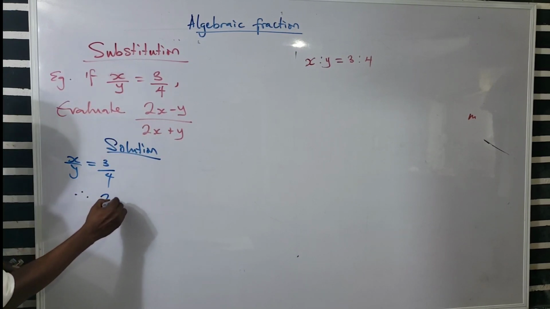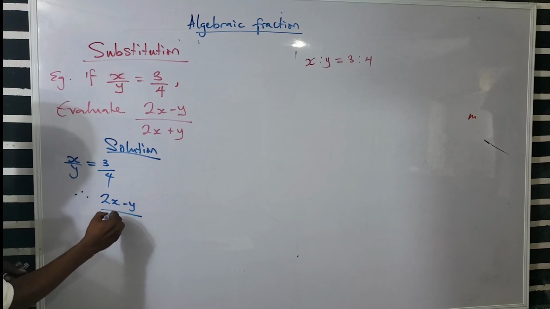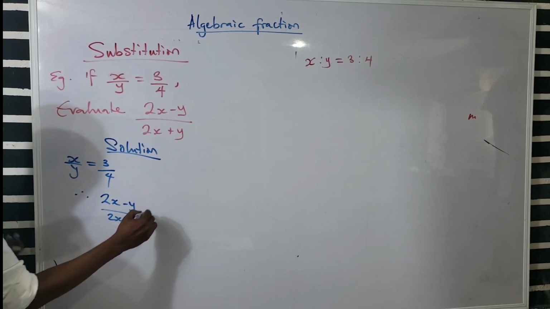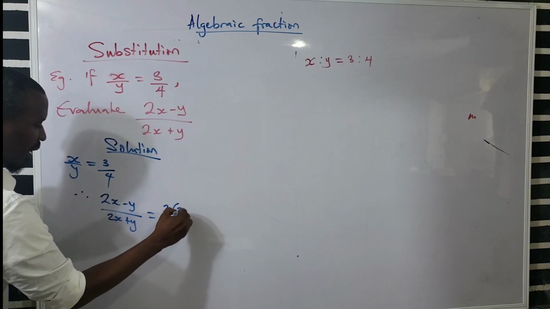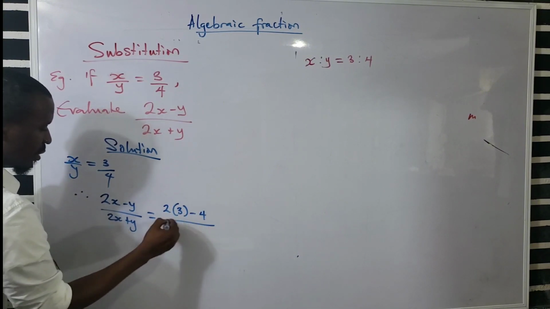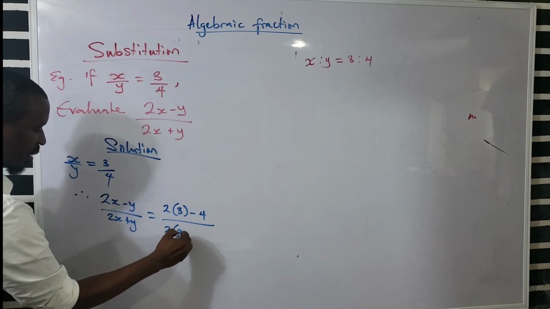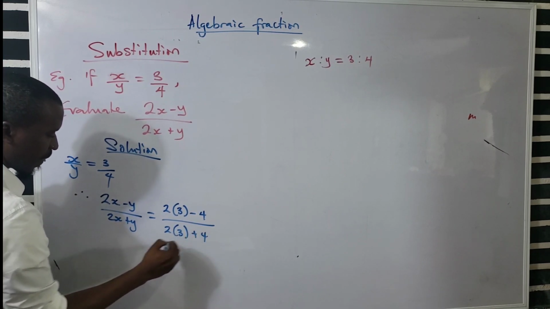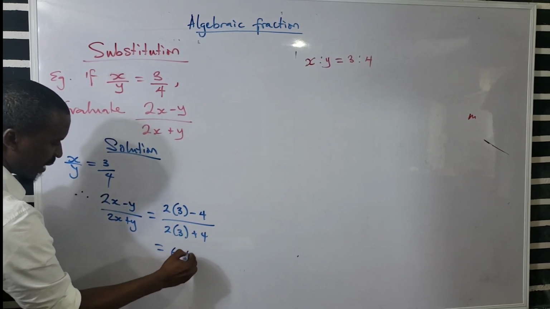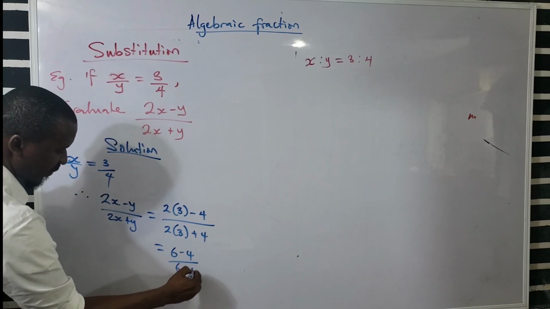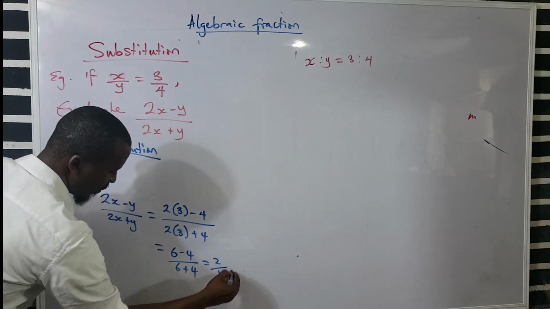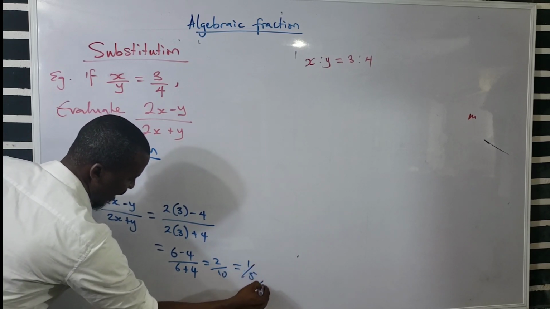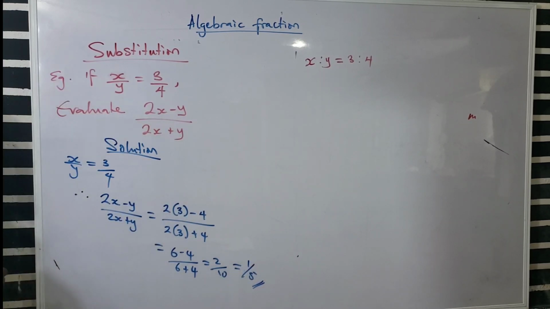Therefore, 2x minus y over 2x plus y will give me 2 into 3 minus 4 all over 2 into 3 plus 4. So that will give us 6 minus 4 over 6 plus 4, which equals 2 over 10, which equals 1 over 5. So you can see how simple that one is.